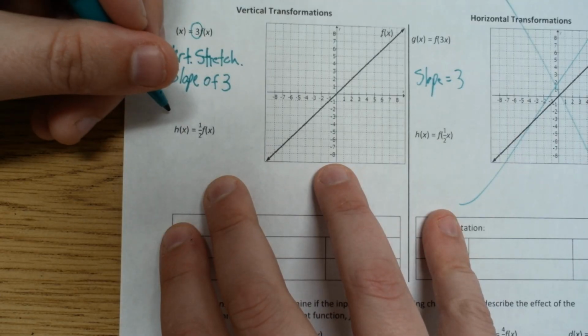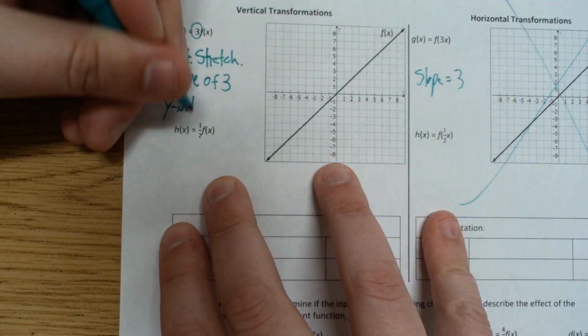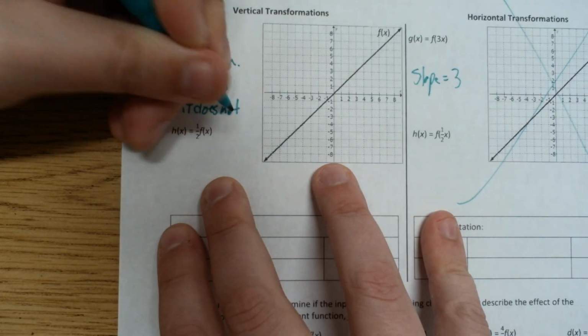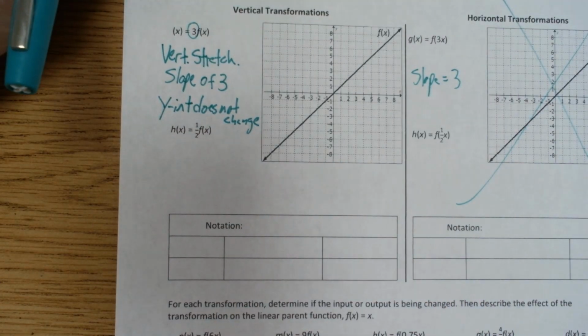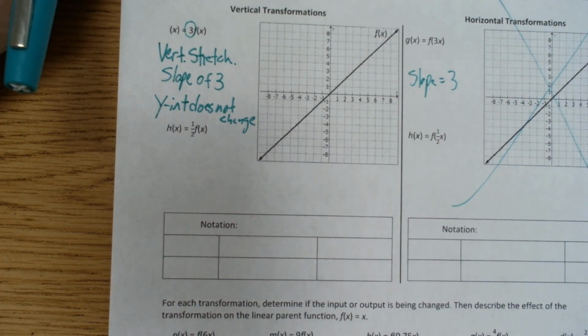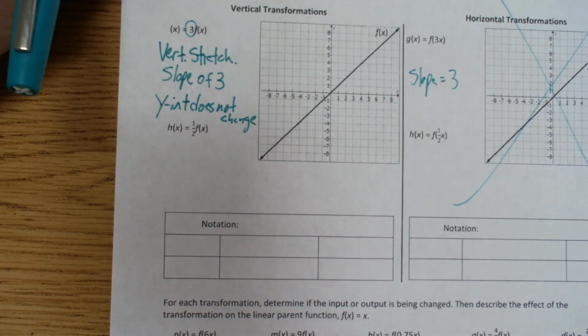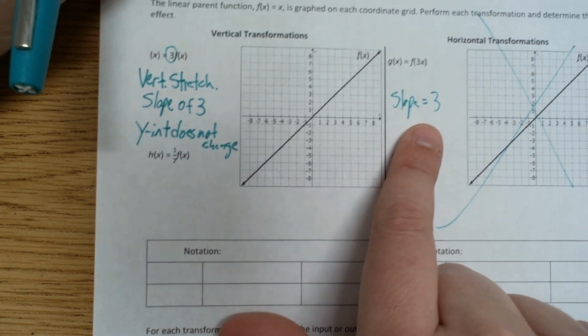On this, the y-intercept doesn't change. That would be the main difference, where we've got the multiplication. This one, the y-intercept wouldn't change. This one, the x-intercept would not change.